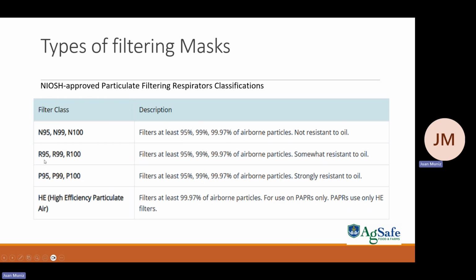And if you look down and across, you would find that the R is somewhat resistant, but has the same filtering capabilities. The P is strongly resistant to oil, but it also filters the same amount as the other masks. And then last here, you have the high efficiency particulate air filter. And if you read across, it gives you more details on that.